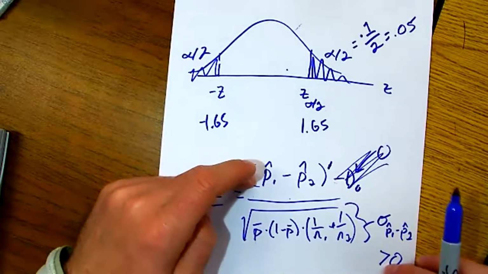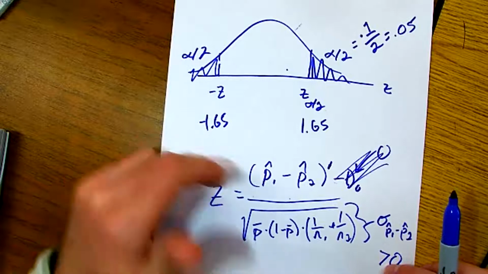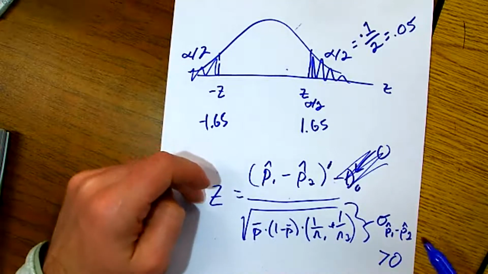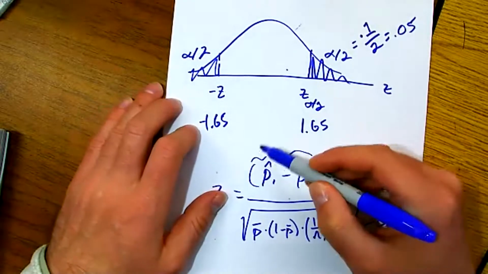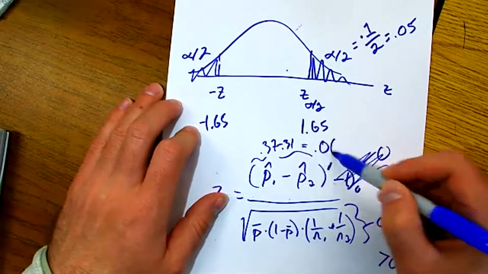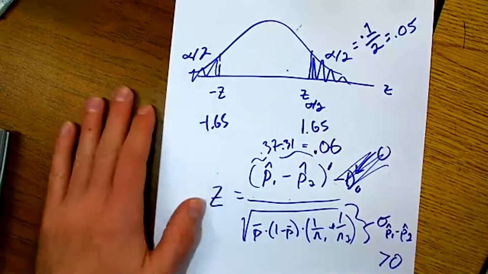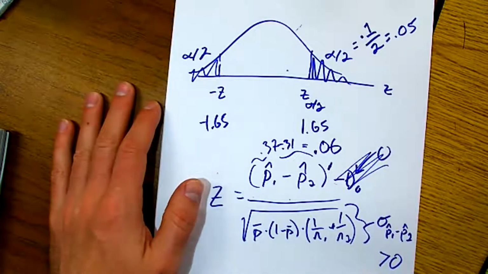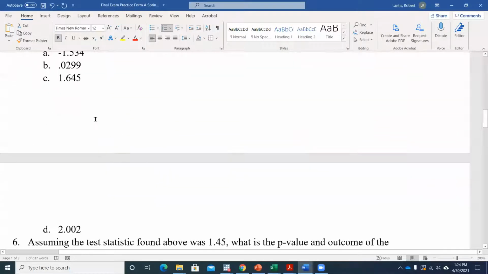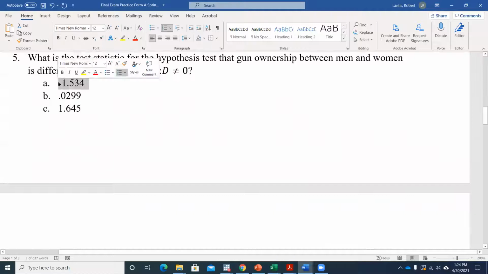If it's positive, positive over positive is a positive test statistic. If the difference is negative, negative over a positive would be a negative test statistic. So the sample difference I found here, 0.37 minus 0.31, is 0.06. So I should know automatically that my test statistic is positive, so I can rule this negative value out right away.